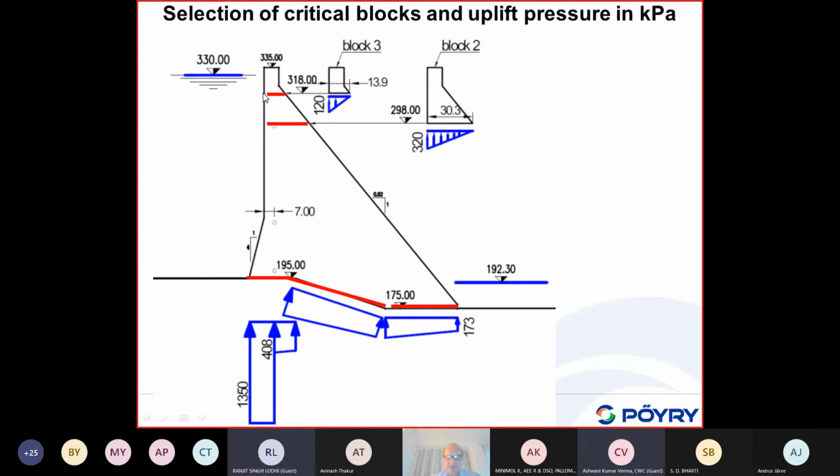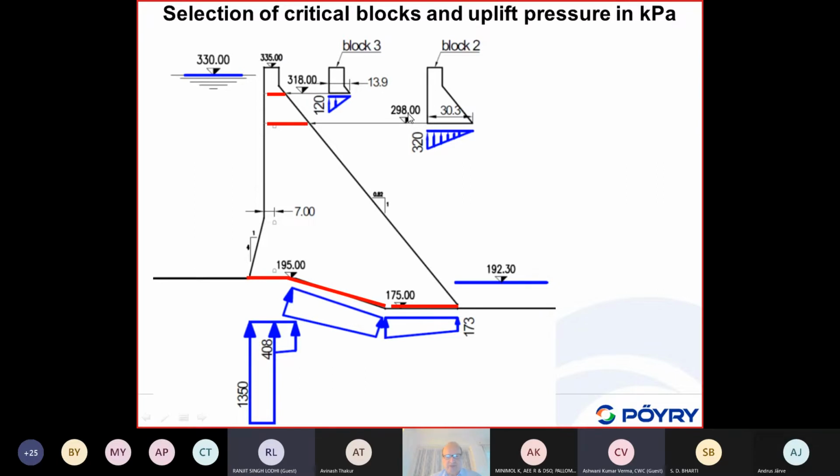We have assumed that we have a crack along a lift joint from upstream to downstream, and we looked into the stability of three blocks. One is near the crest. This block is 17 meters high.